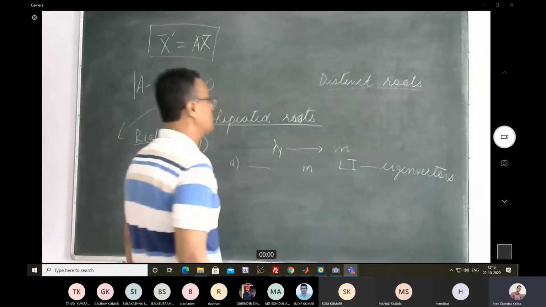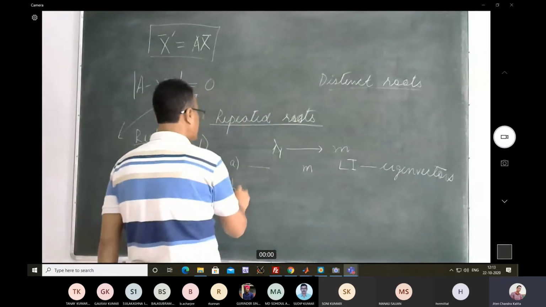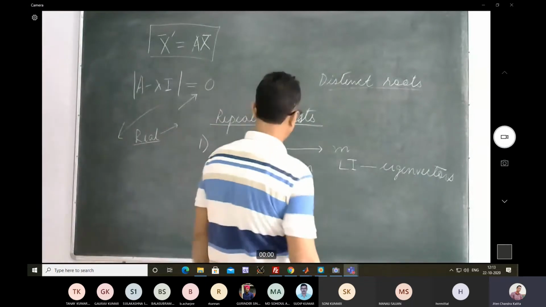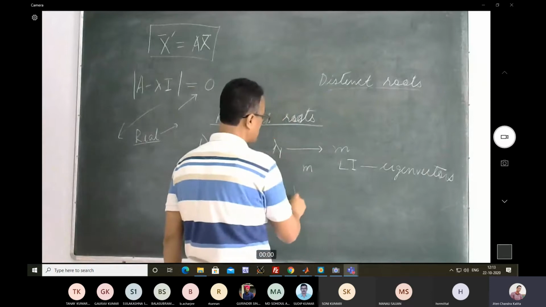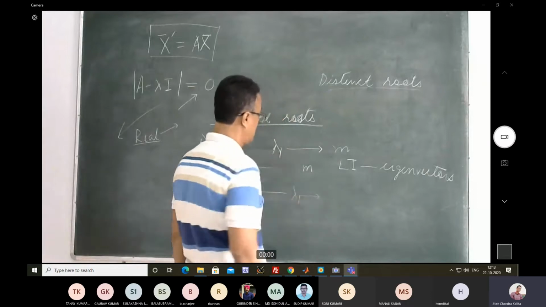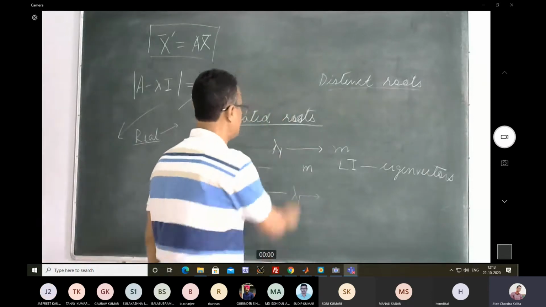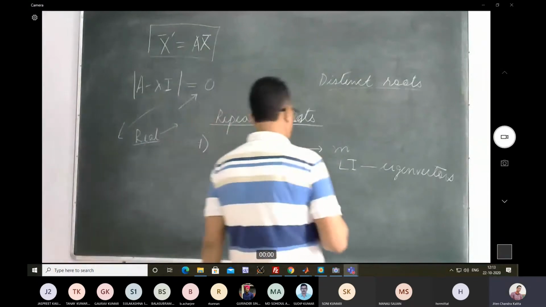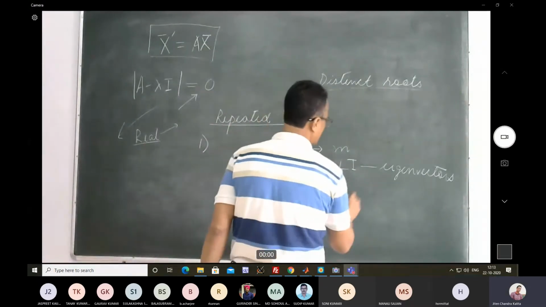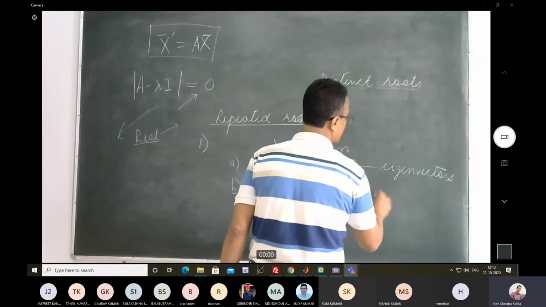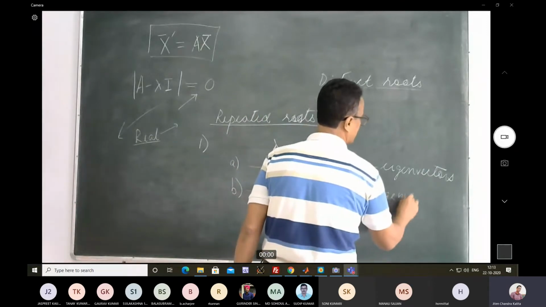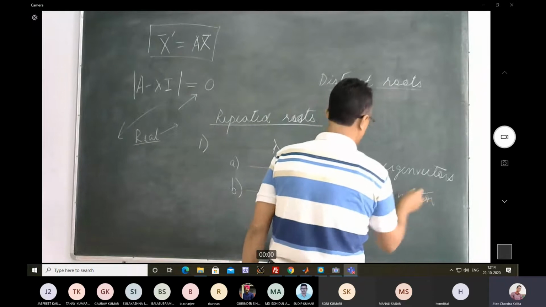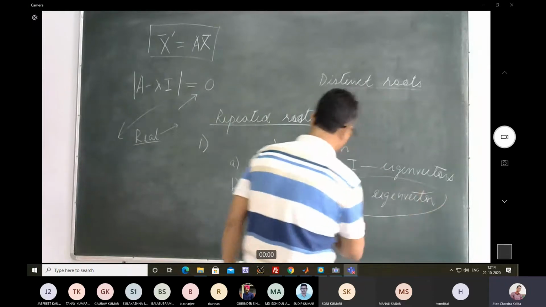That will be the first case. In the second case, it may so happen that corresponding to this characteristic root, that is the eigenvalue λ1, I may be able to find only one eigenvector. So this is kind of a troublesome case.